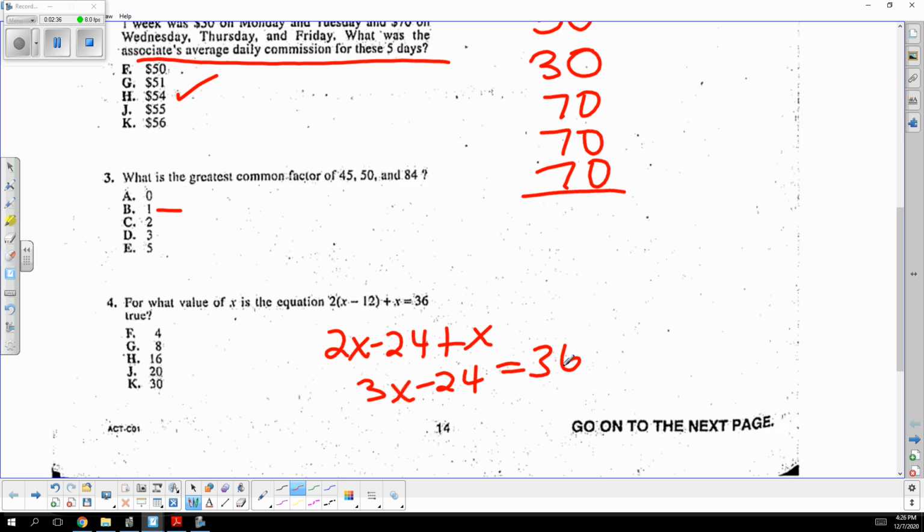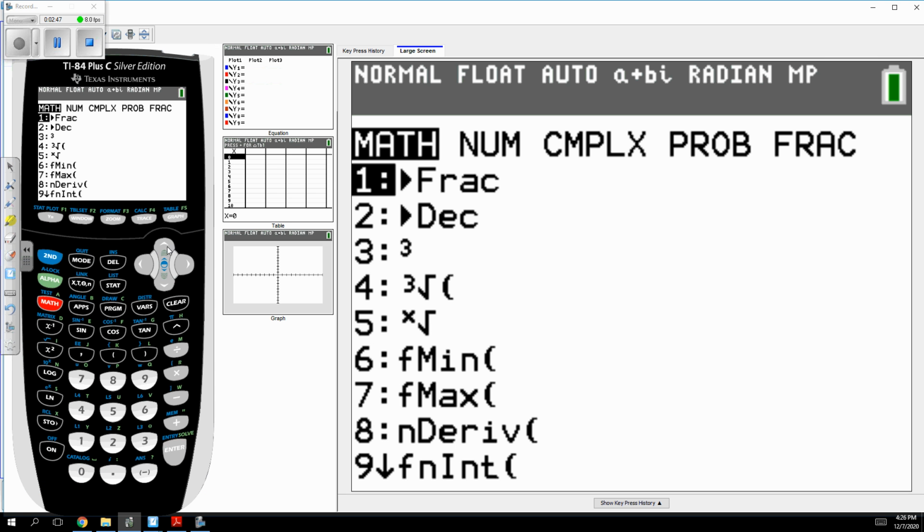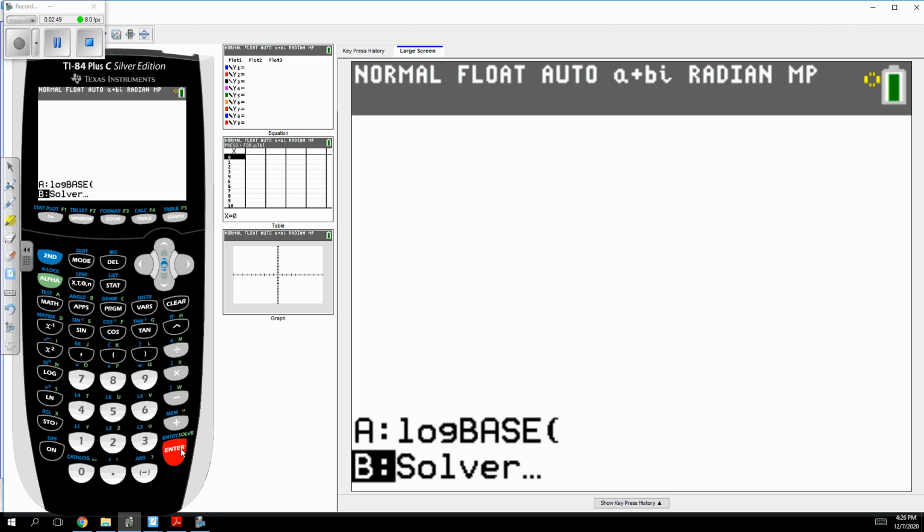Number 4, solving the equation, you could distribute and add the x, add 24, 3x is 60, and x is 20, answer J. You could also type that into Math Equation Solver.